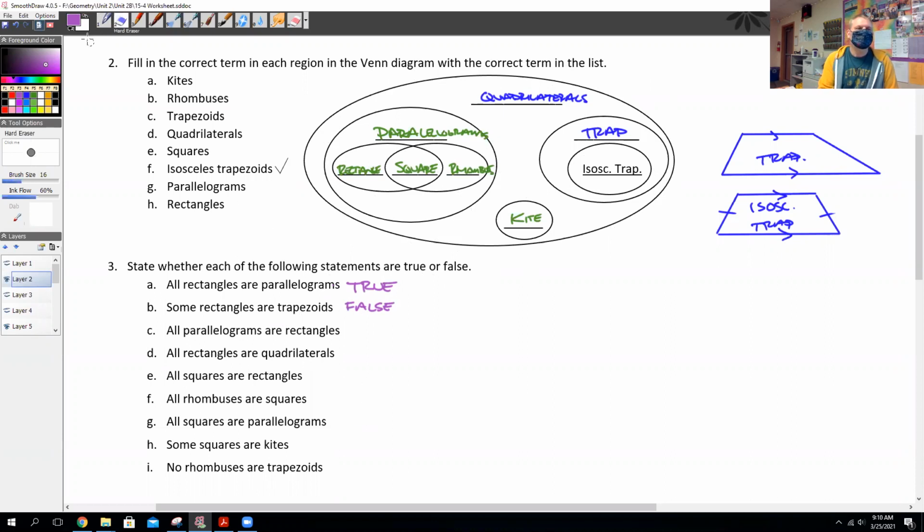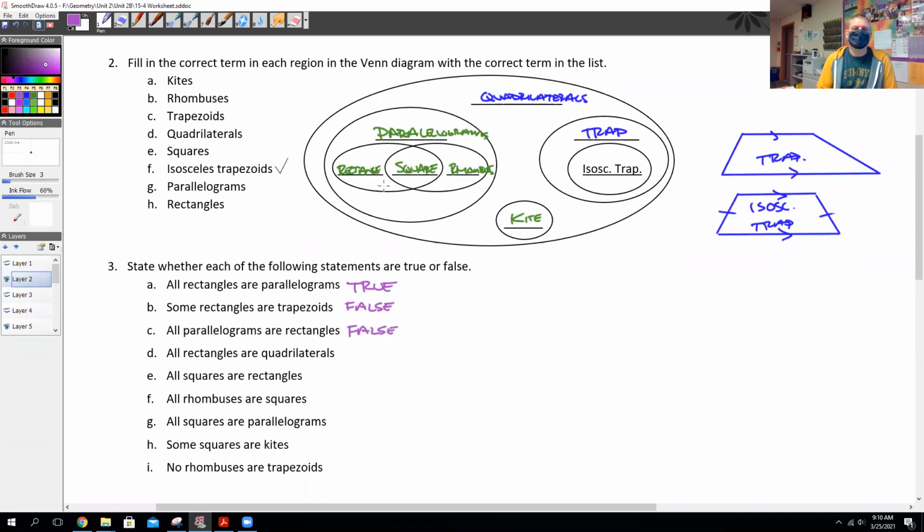Third one, all parallelograms are rectangles. Is everything in here a rectangle? No, because look, rectangle only covers this. There can be some rhombuses that are parallelograms but not rectangles. So all parallelograms are rectangles would be false.